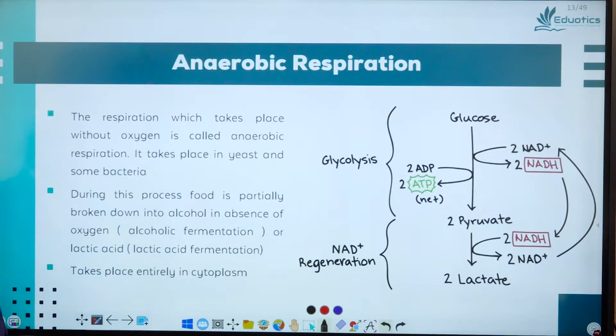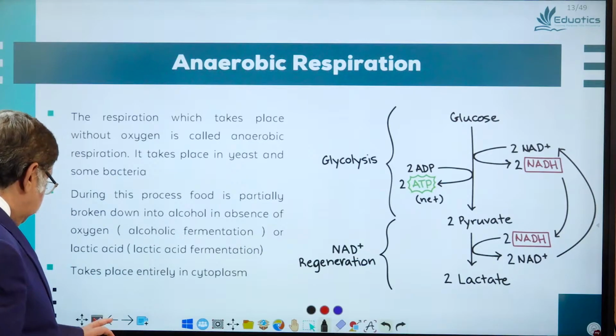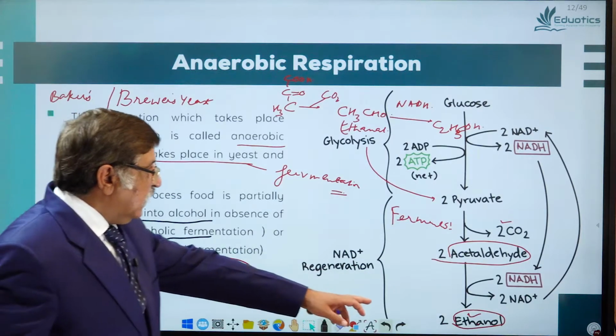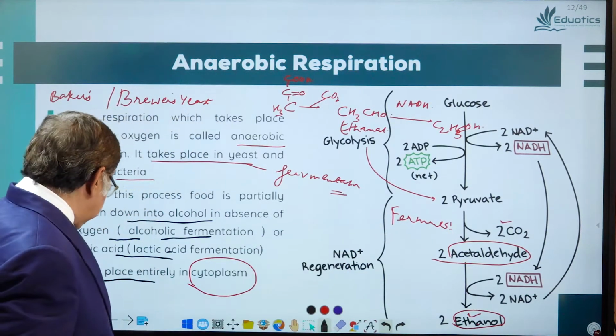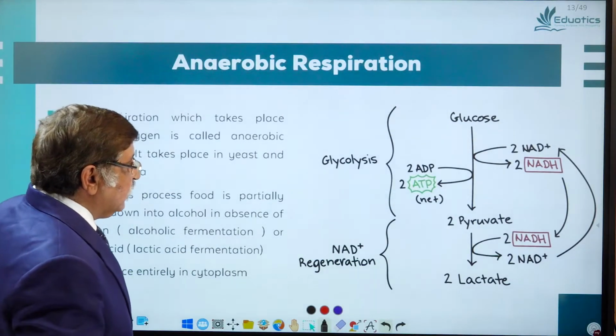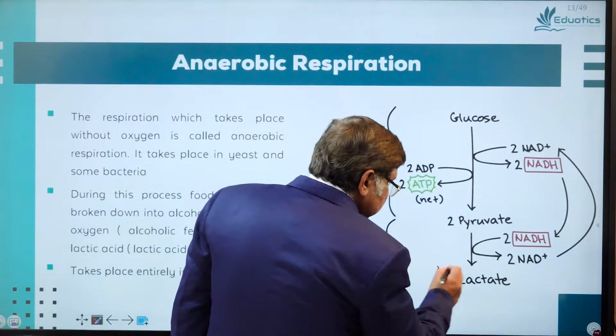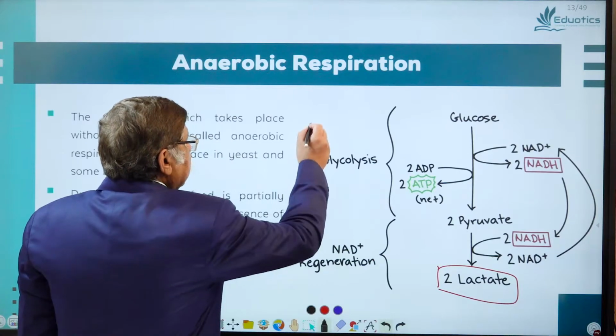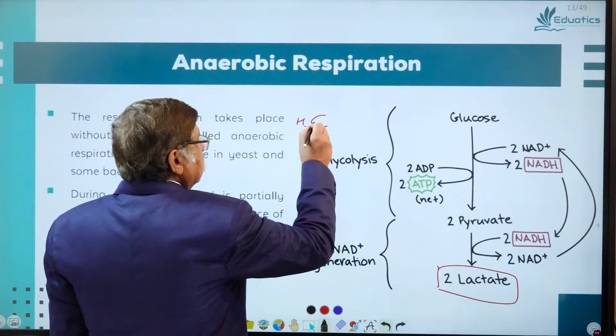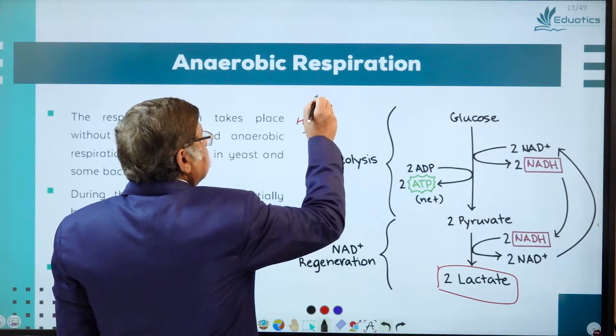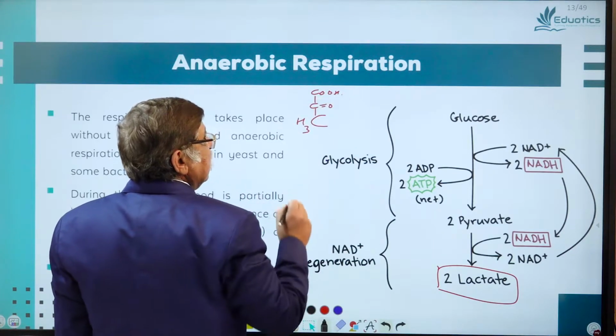This is anaerobic respiration. Previously, the end products were ethyl alcohol and carbon dioxide, which was fermentation. Now another possibility is that pyruvate can also be converted into lactic acid. This is pyruvic acid.